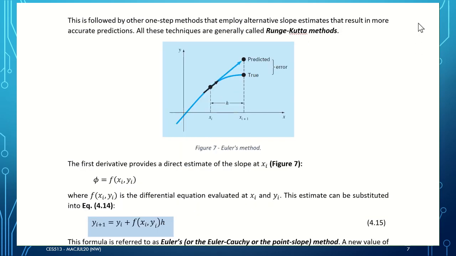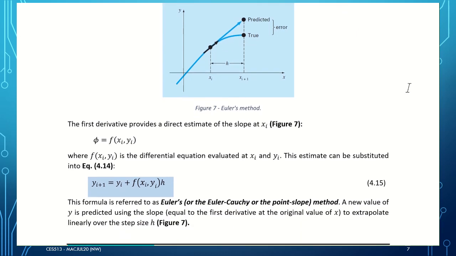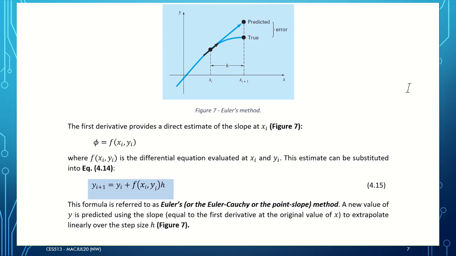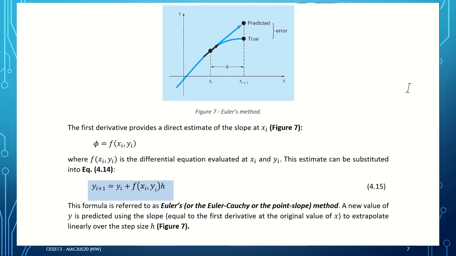Then there are methods that follow, which are one-step methods that employ alternative slope estimates, resulting in more accurate predictions. All these techniques are generally called Runge-Kutta methods. The first derivative provides a direct estimate of the slope at xi.